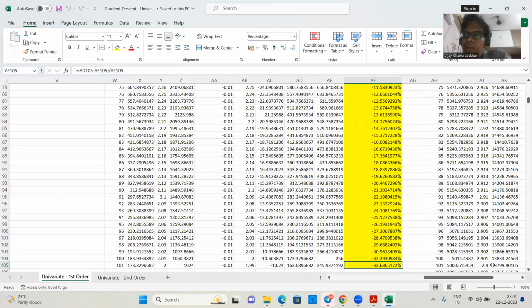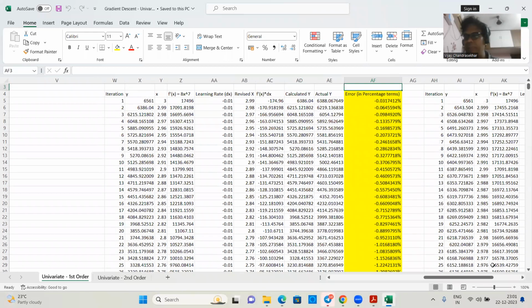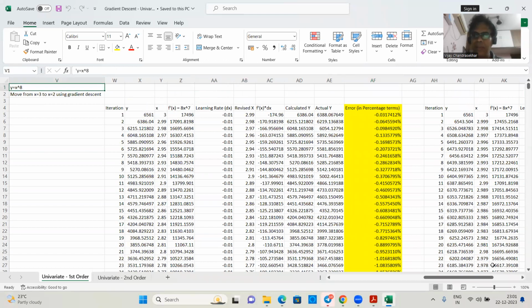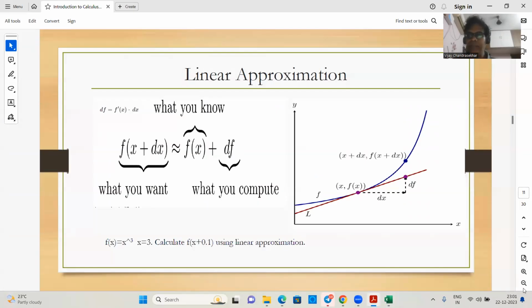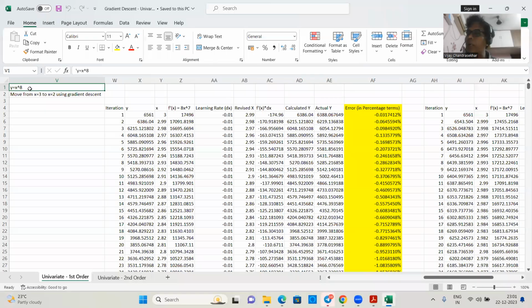Why? Anyone? Because exponentially it changes very quickly compared to the one on the previous function. It's not an exponential function here in a way, okay, but you're right. What is happening here is, x to the power of 8 is more curved as compared to x to the power of 4.